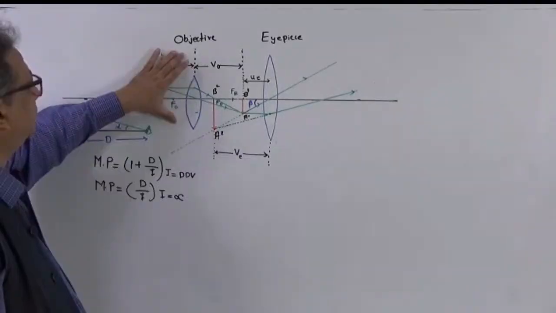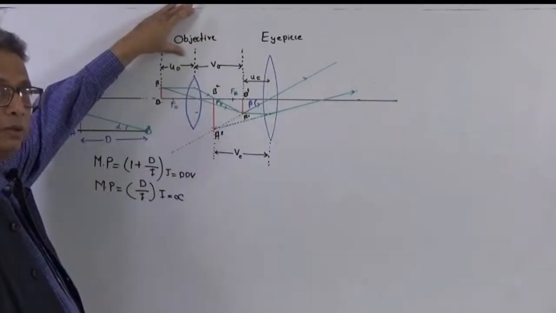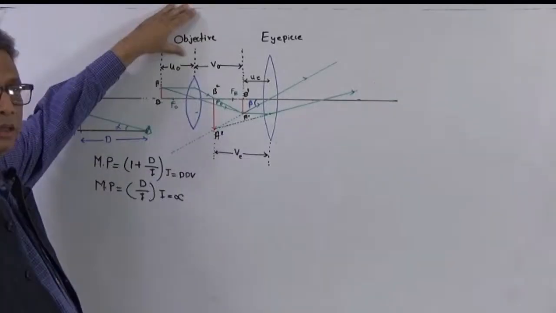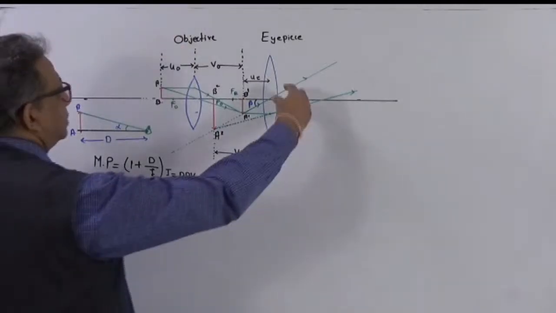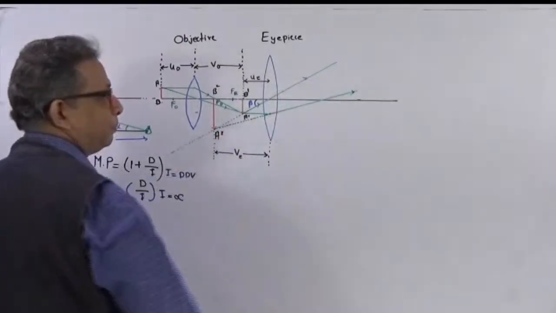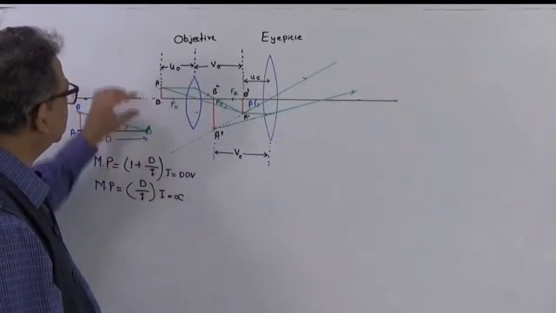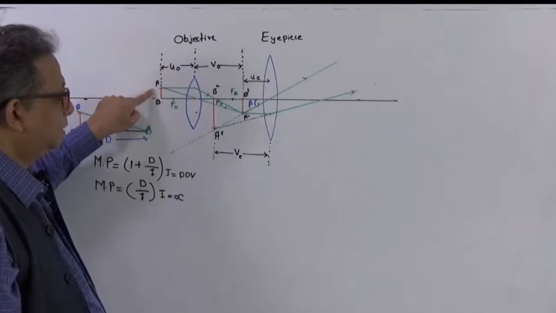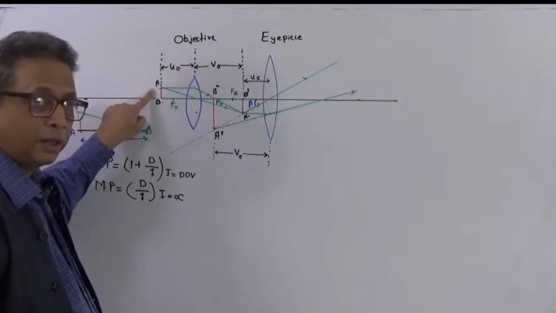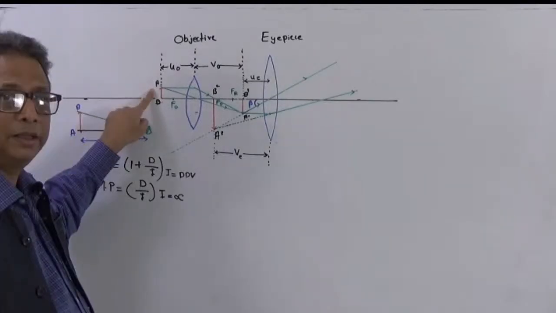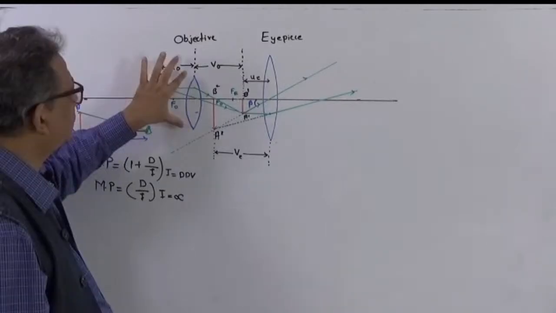So here you have seen these two arrangements. This is called an objective, which is placed near to the specimen, and this is the eyepiece through which you observe the magnification. Now our specimen is nothing but object AB. You can see over here, this object AB is nothing but the specimen which is kept in front of this objective lens.